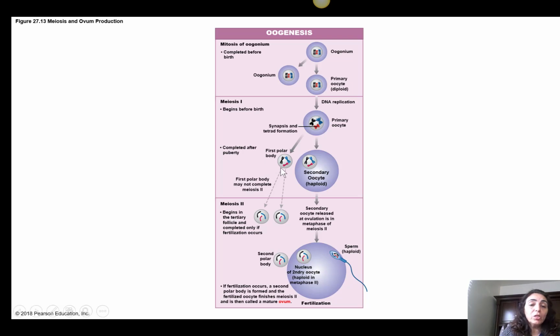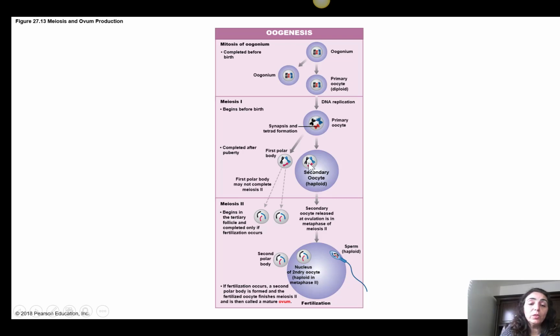But sometimes this polar body goes through the second meiosis division, and it may make two other polar bodies out of itself, but still both of them will die. So it doesn't matter whether the polar bodies become two and die here, or they die here. Finally, all will die, right? Now, this secondary oocyte that has been formed is haploid, the same way that the secondary spermatocyte was haploid.